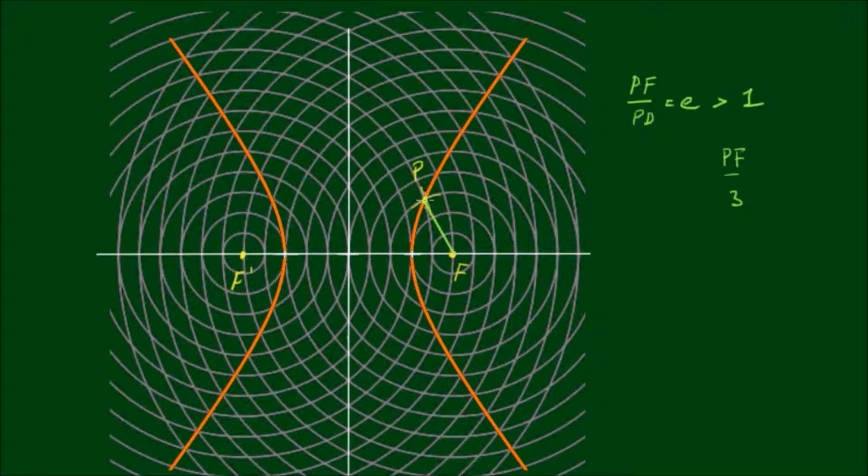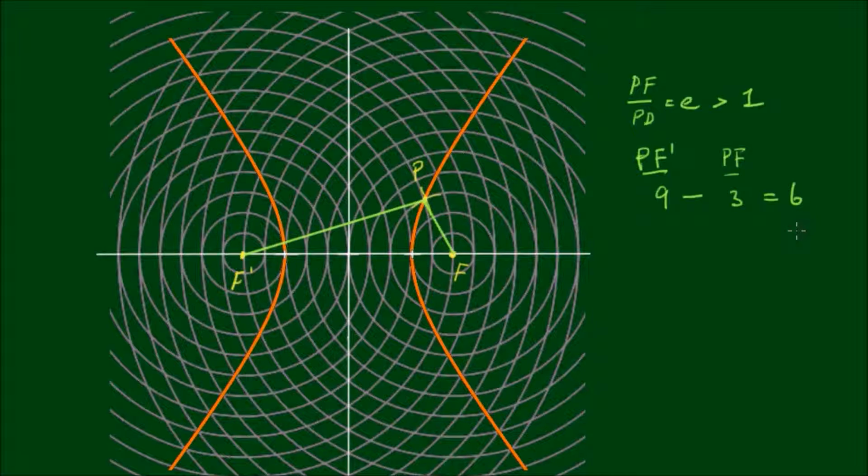The distance from point P to F prime, the further focus, is how many? 1, 2, 3, 4, 5, 6, 7, 8, 9 circles away, so it's 9 units away. So let's put the distance PF prime here. So we have 9 minus 3 is equal to 6.